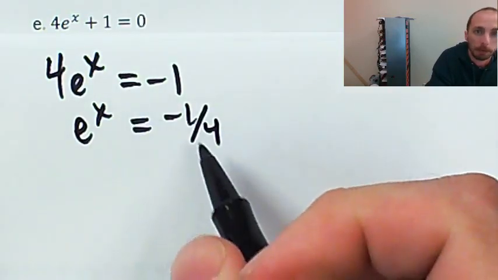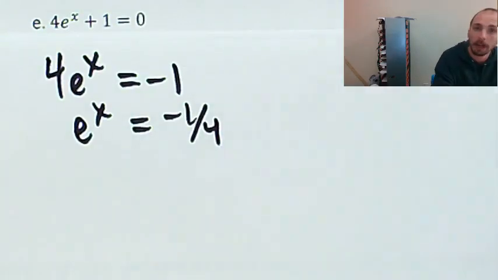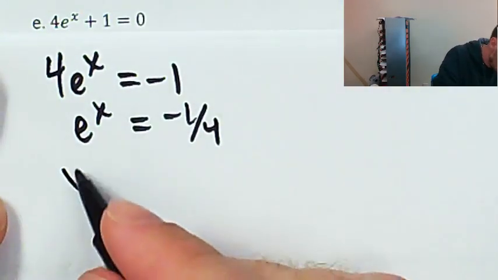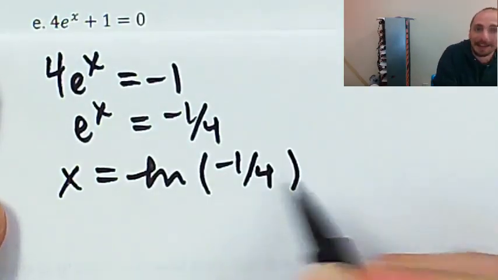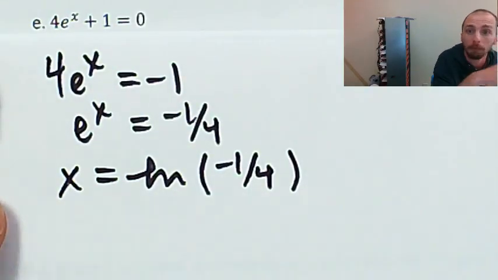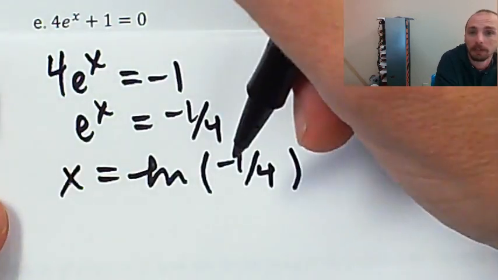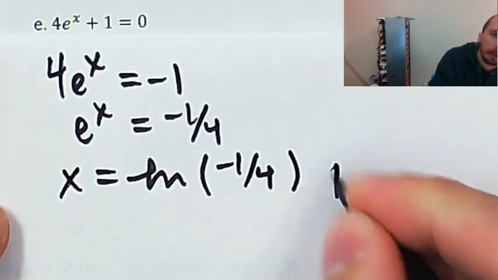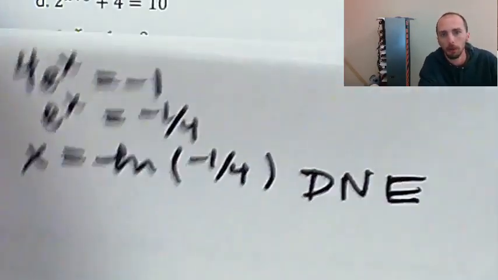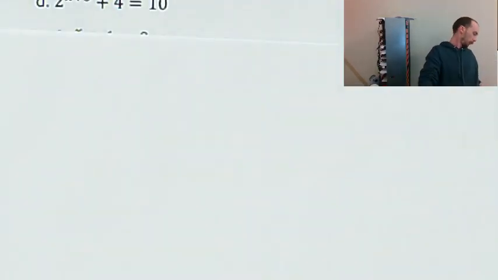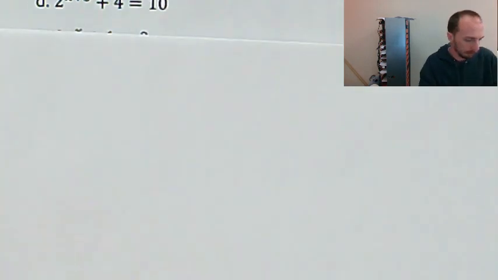Any power of any positive number is going to be positive, and this is not. So this is going to have no solution. If you didn't see that, you would take x equals natural log of negative 1/4, and that doesn't exist because negative 1/4 is not an argument that we can put inside natural log. So this does not exist, no solution. That'll do for me.